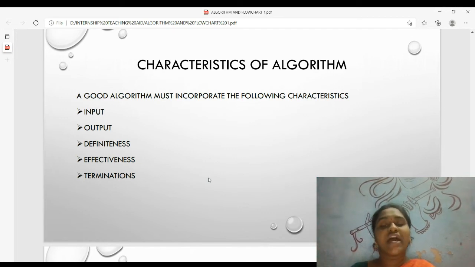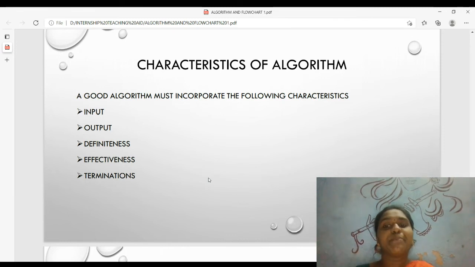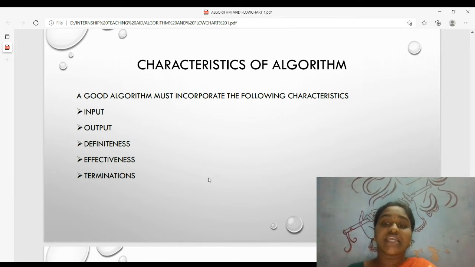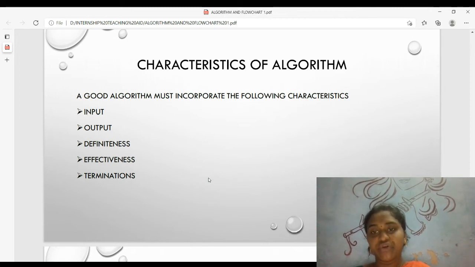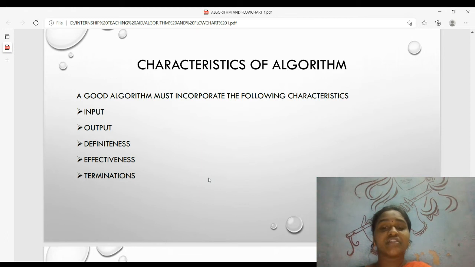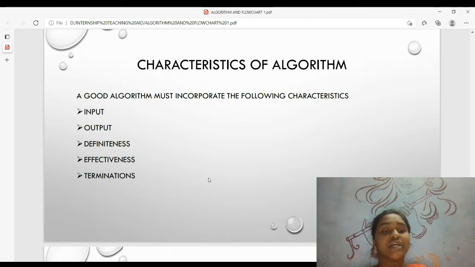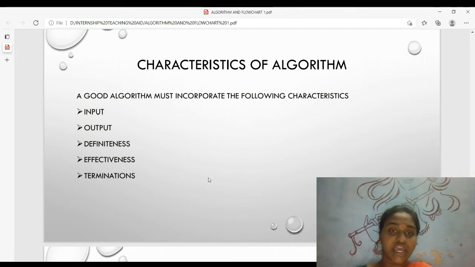For that we have to give correct information. A good algorithm must follow some rules; without following them, we cannot get a perfect output, and it will give some errors. They are input, output, definiteness, effectiveness, and termination. Let's see these characteristics one by one.